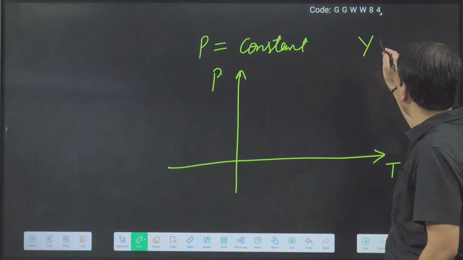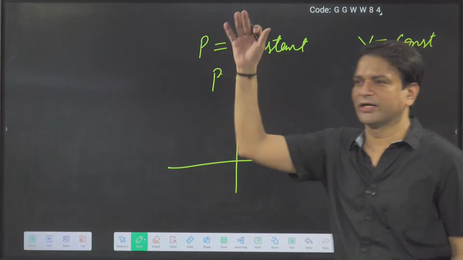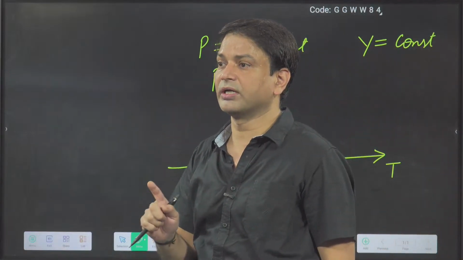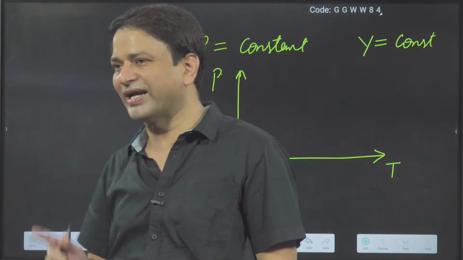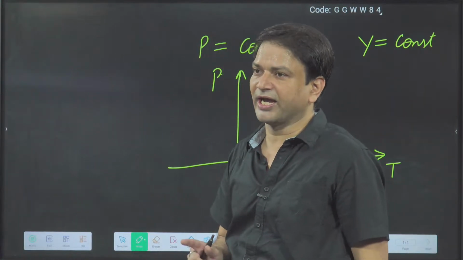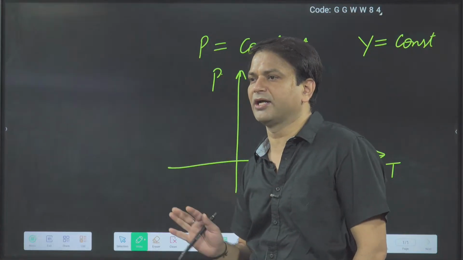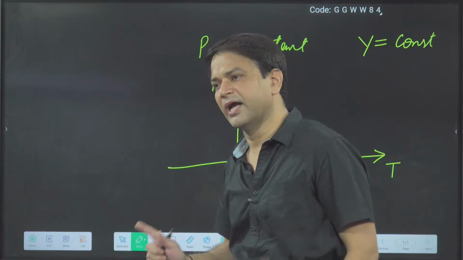So basically I get y is equal to constant, like y is equal to 3, y is equal to 2, as I discussed yesterday. The graph will be a straight line parallel to the x-axis. Very good.